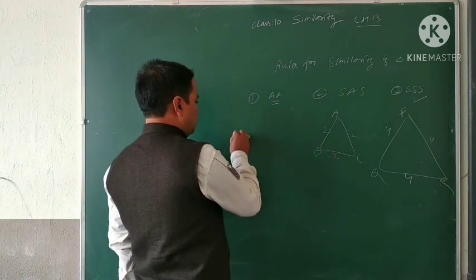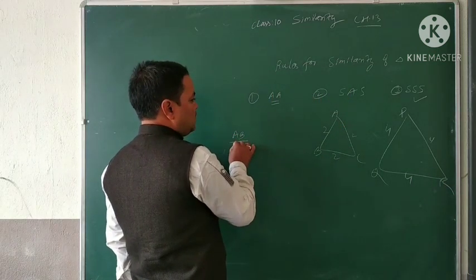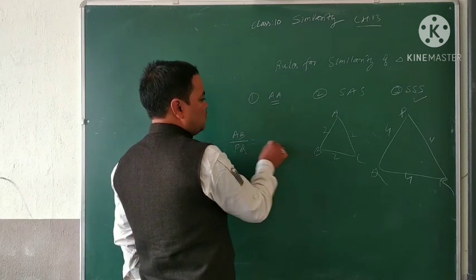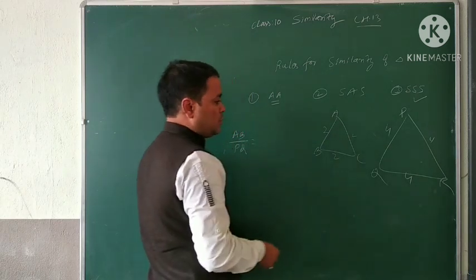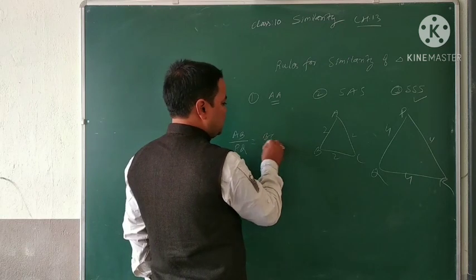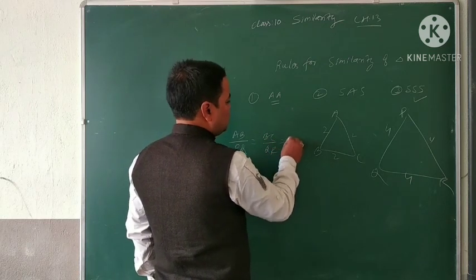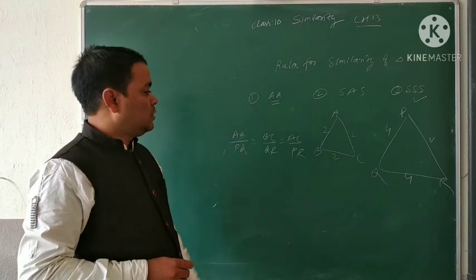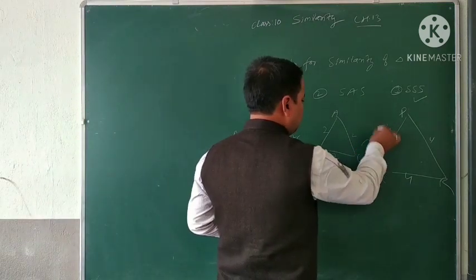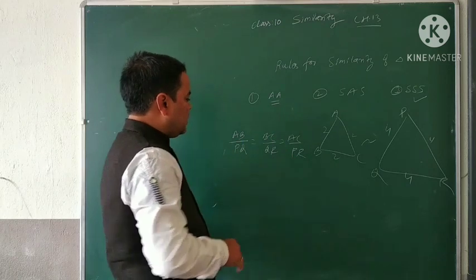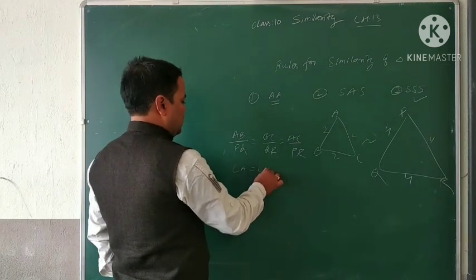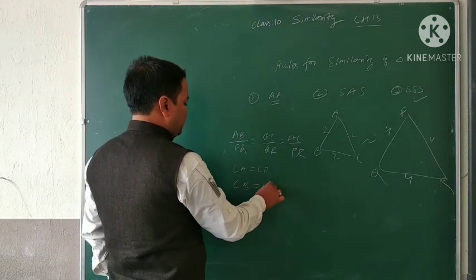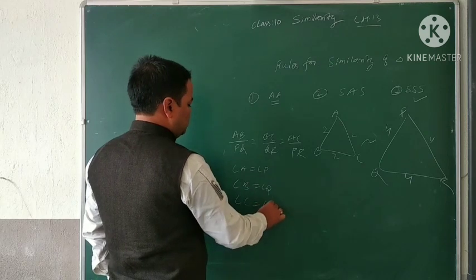Here we find that AB upon PQ is equal to 2 by 4 is equal to 1 by 2, and here BC upon QR is equal to AC upon PR, and all values will be 1 by 2. In this case, also they are similar, and if they are similar, then angle A is equal to angle P, angle B is equal to angle Q, and angle C is equal to angle R.